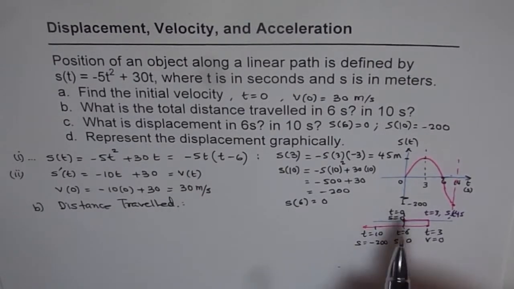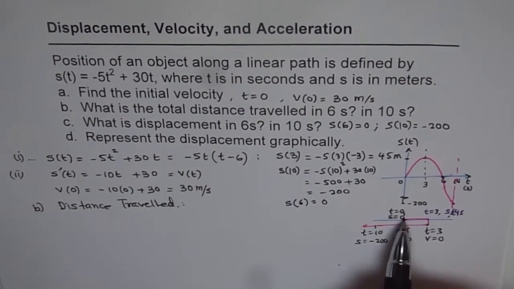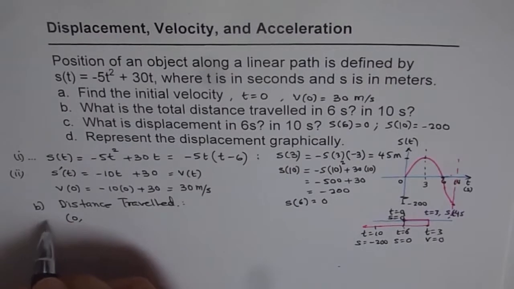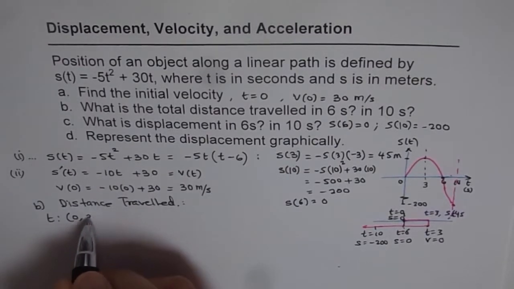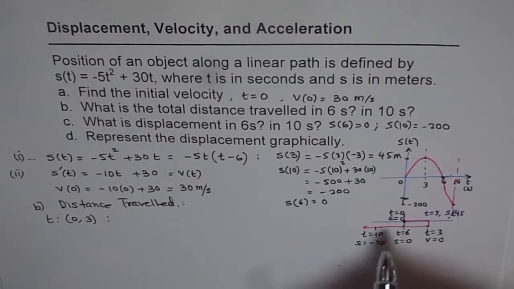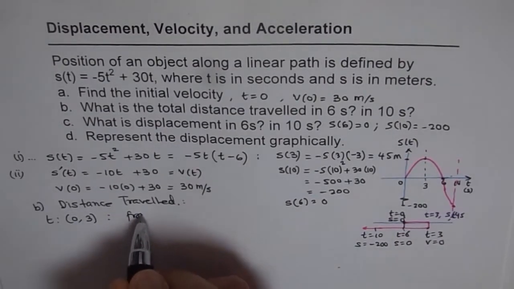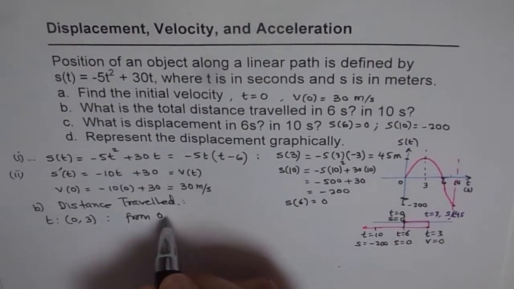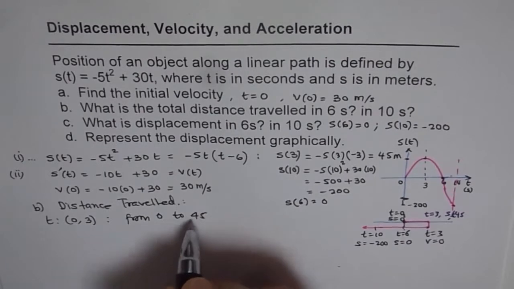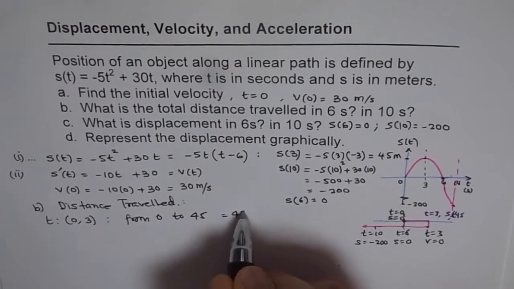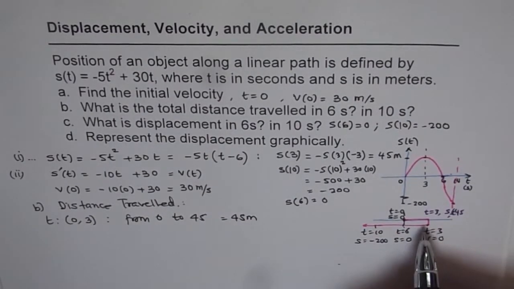So the distance traveled during the interval t equals 0 to 3 is from 0 to 45. So the distance is 45 meters. Do you understand? So distance is always a positive thing.